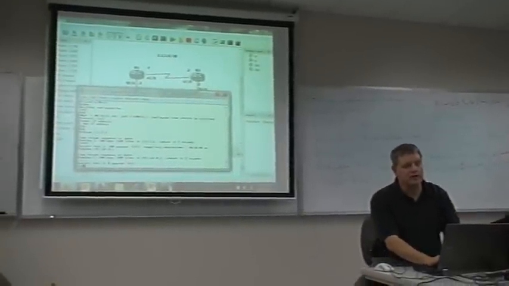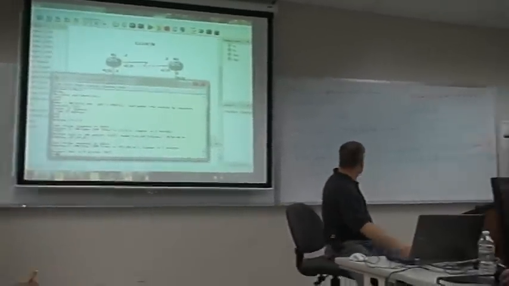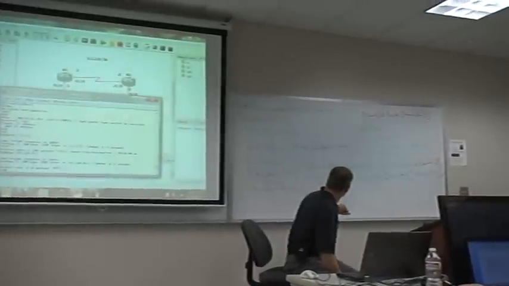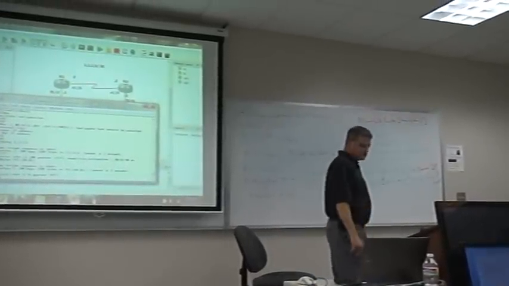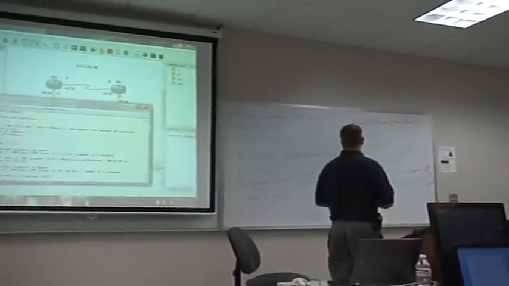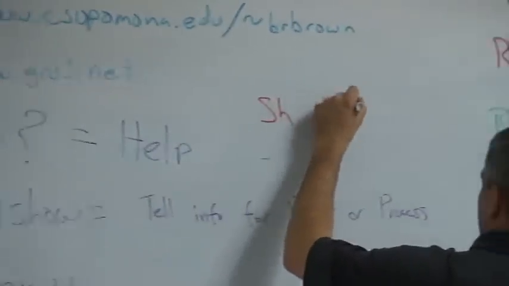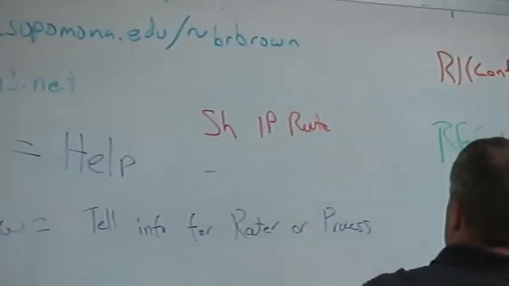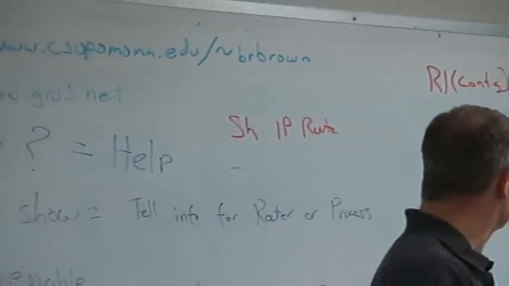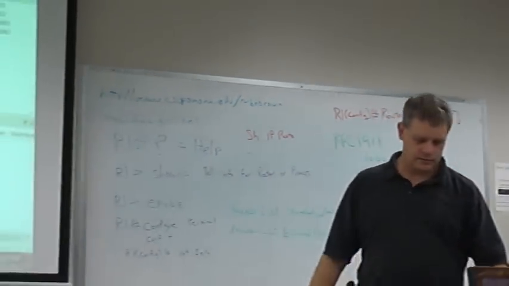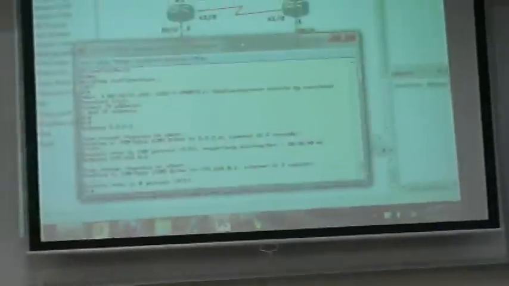If I look at the routing table, the way I look at the routing table is with the command show ip route.